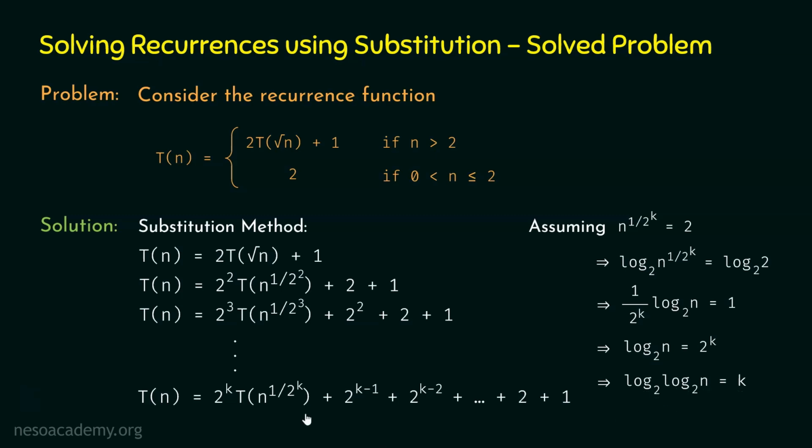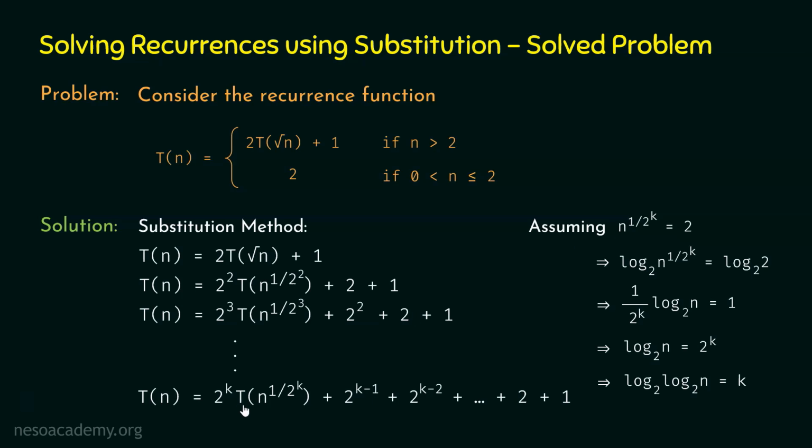Now, instead of replacing k by log base 2 log n base 2 at this moment, first we will try to solve or minimize this equation. Here we have 2 power k times T of n power 1 by 2 power k. First thing we can do here is replace n power 1 by 2 power k by 2. This is what we have assumed.